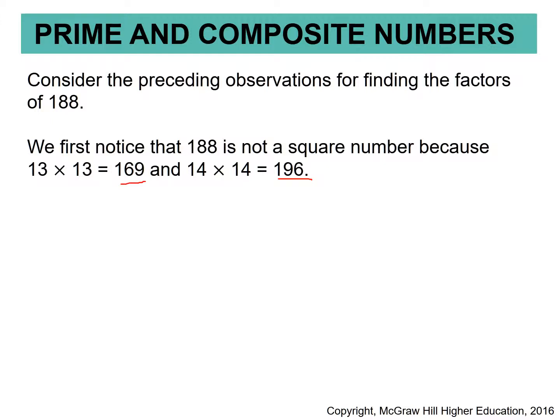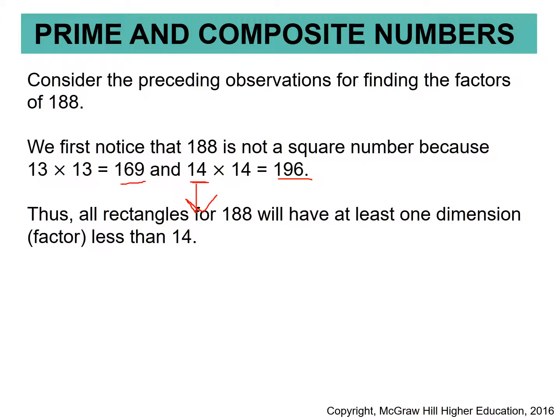So this is just a little bit more, so I have to go to this point. For all the rectangles for which 188 will be the area, the dimensions have to be less than 14. I don't have to repeat going all the way up.